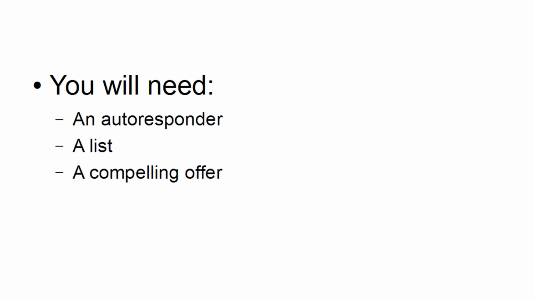You're going to need a compelling offer, and usually that involves a free giveaway, so a free report, free ebook, that sort of thing. And the way that it works is a bit like this. It involves you and another mailing list owner. You contact the other mailing list owner, and you set up an ad swap.